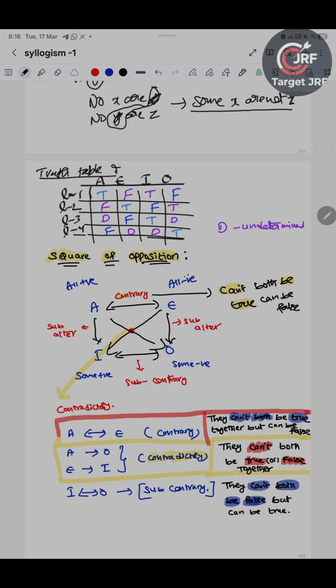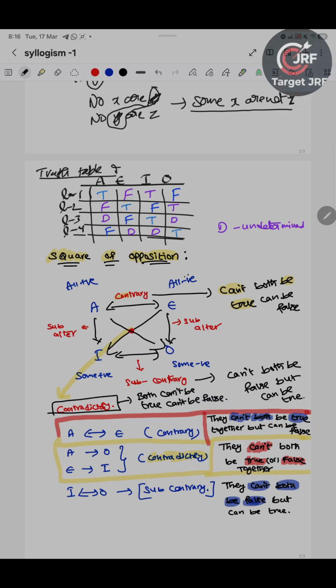And if you come to the subcontrary, it's the reverse of it. Can't both be false, but can be true. When we come to contradictory, both can't be true, cannot be false.